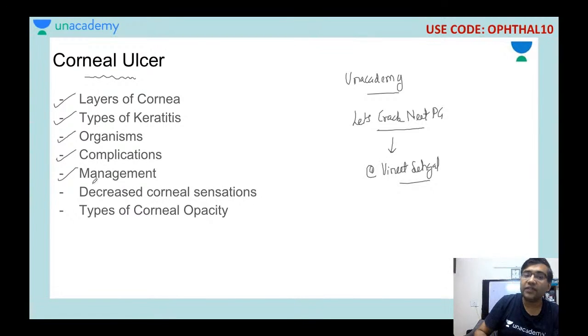If it is a herpetic infection, they can ask you the very important presenting feature: you would tell that there would be decreased corneal sensations in a herpetic infection. Then last but not the least, they can ask you the various types of corneal opacity: nebular, macular and leukomatous.